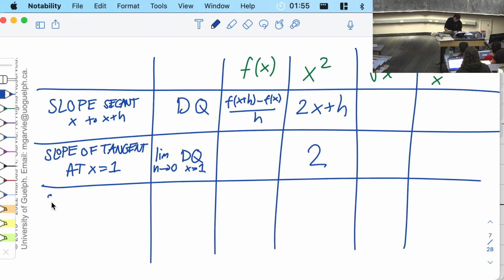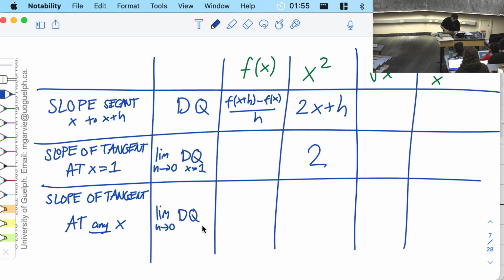And the slope in general, the slope of the tangent at any value of x, that was the limit of the dq. Just leave the x alone. And we got the value 2x for the function x squared. This is the thing that is called the derivative function, f prime of x. So f prime of x is the new function 2x.